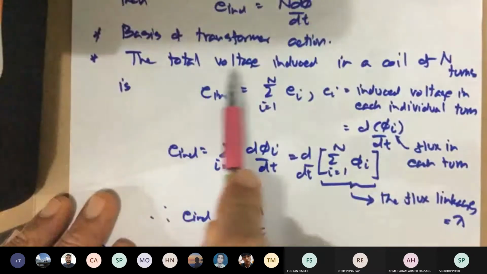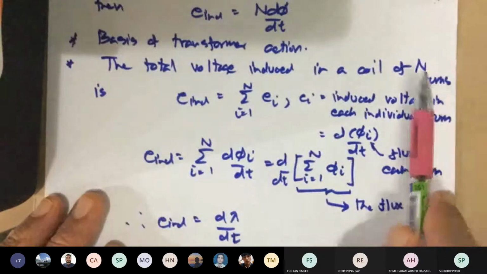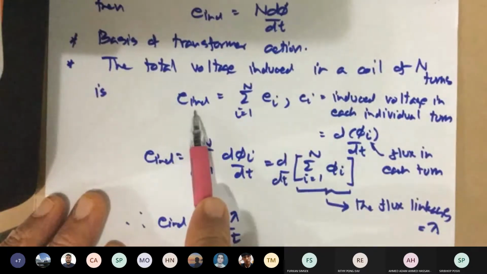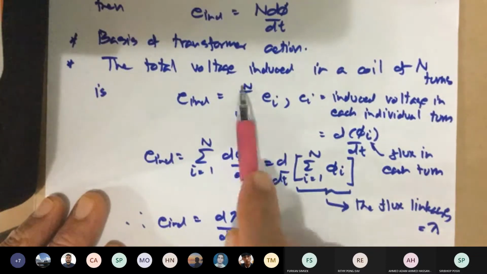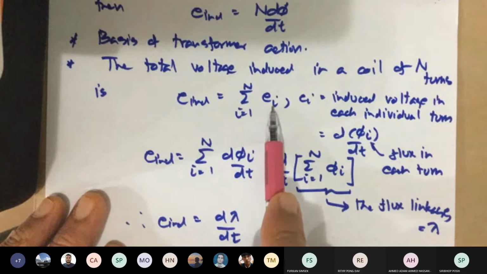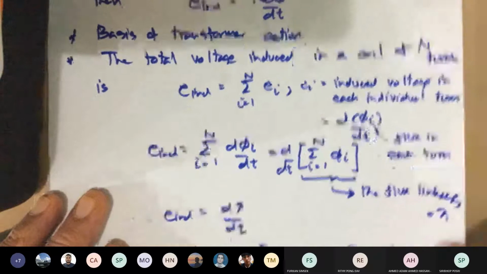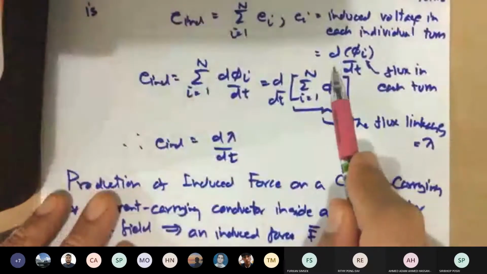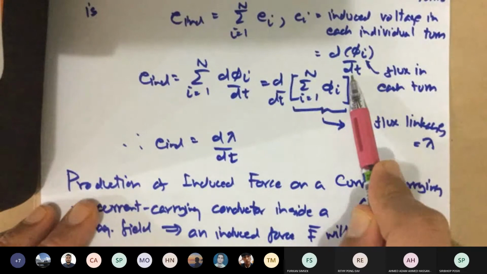The total voltage induced in a coil of N turns, now that we have more than one turn, is the summation from i equals 1 to N of each individual voltage. So e_i is the induced voltage in each individual turn, which equals d phi_i by dt.